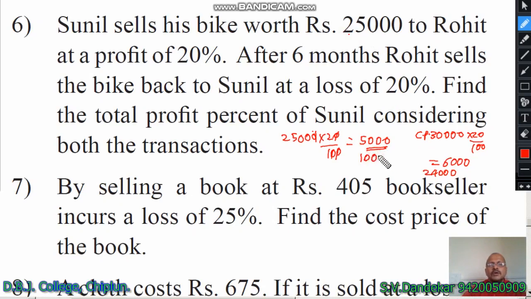So in all the profit of Sunil is 6,000. So out of 25,000 he receives 6,000, and therefore the profit percentage works out to be 24, and therefore Sunil has in all 24% profit.